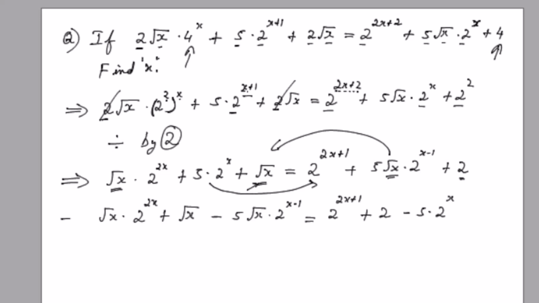So now square root of x is common, then we have 2 to the power of 2x plus square root of x into 1 is square root of x, minus 5 into 2 to the power of x minus 1 equals, now here on the right hand side we have 2 as common.